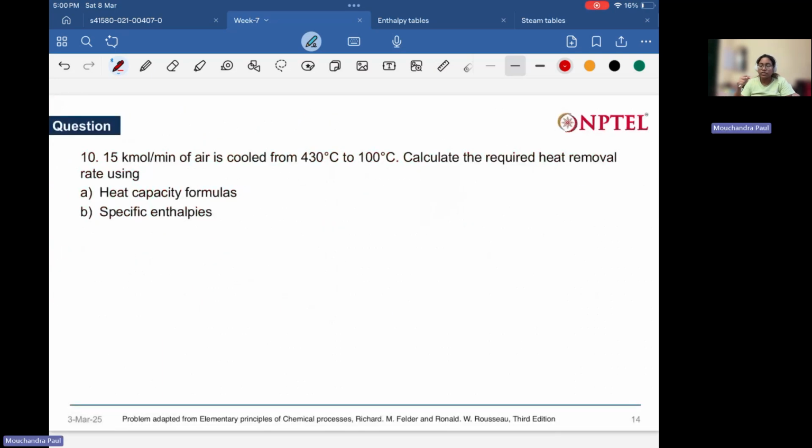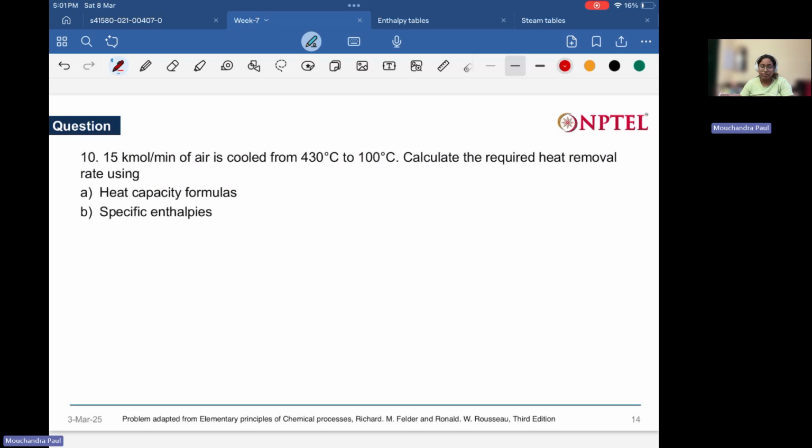This is the last question for today's session. So here's 15 kilomole per minute of air that is being cooled from 430 degrees Celsius to 100 degrees Celsius.